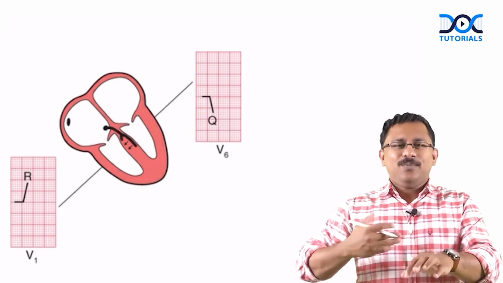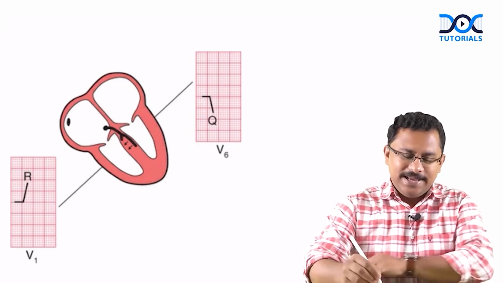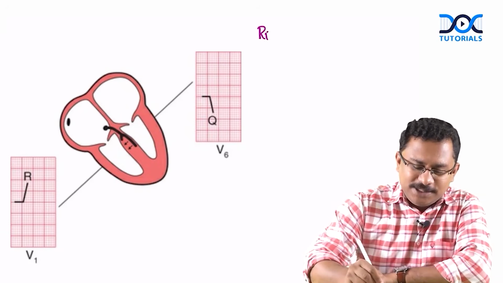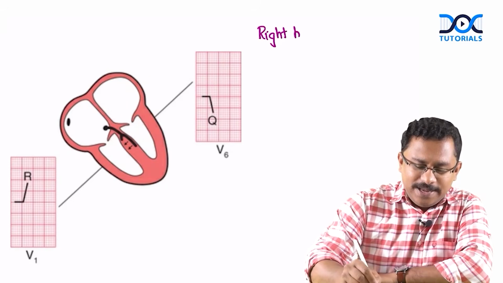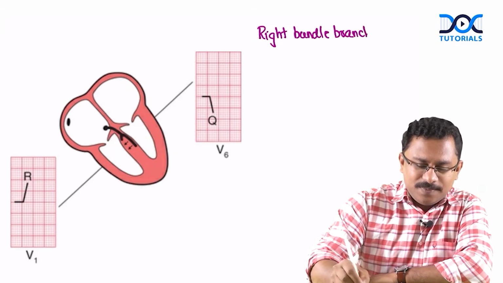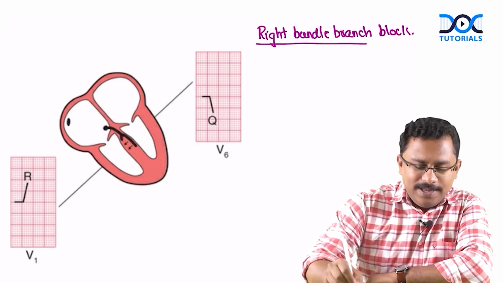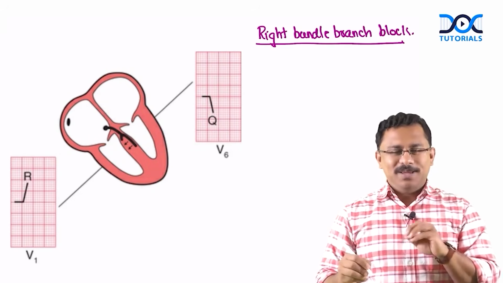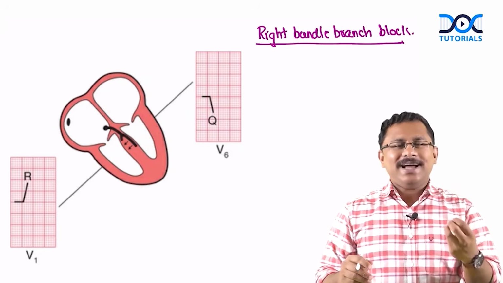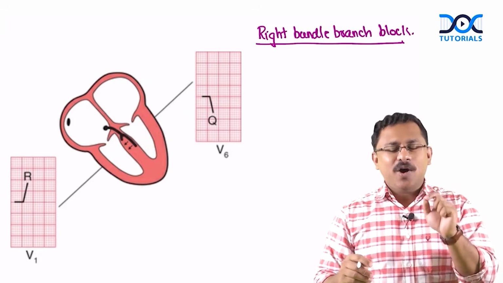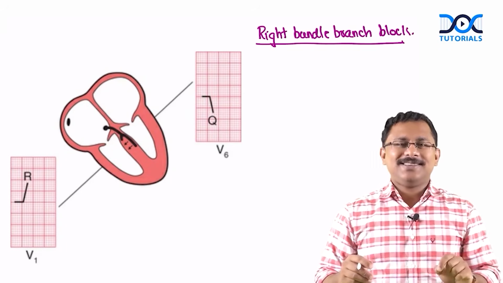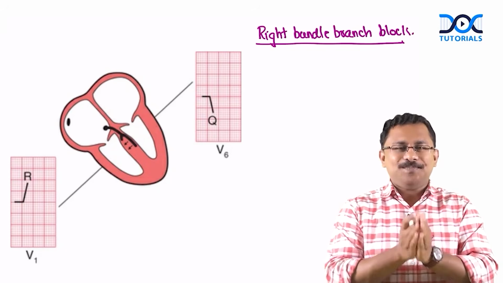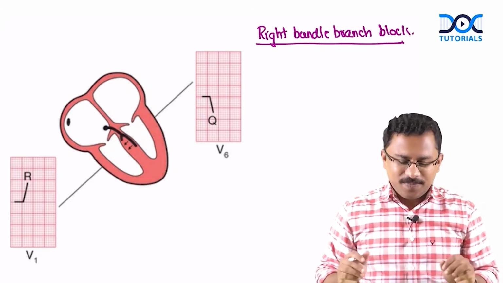Suppose we have an abnormality like a right bundle branch block, RBBB. So the left bundle branch is intact, but there is some block in the right bundle branch. So we are going to see what impact it has on the ECG.